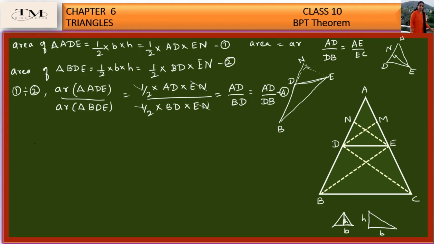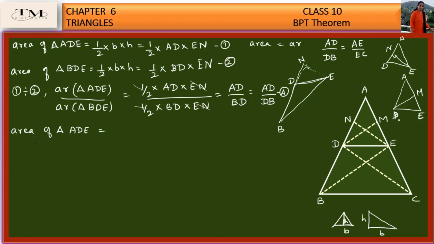So this is A. Next we are going to consider triangle ADE with the perpendicular DM. Okay, I will draw this here. So triangle ADE with the perpendicular DM. Okay, so now second part, area of triangle ADE.